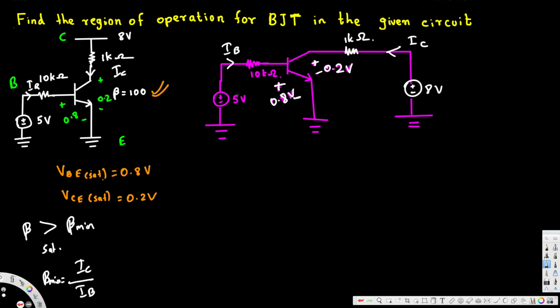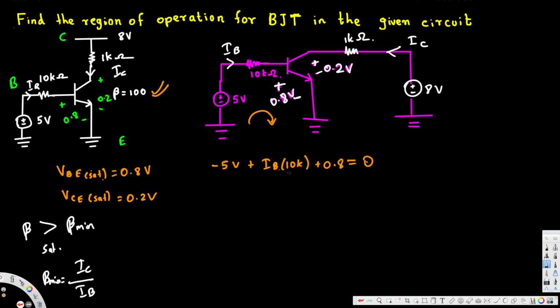Okay, now let's go ahead and find what it is. So first let's apply KVL to find out these currents. Let's apply it for this loop. If I apply KVL for this loop, this is going to be negative 5 voltage plus IB times 10k plus 0.8 voltage should give us 0.